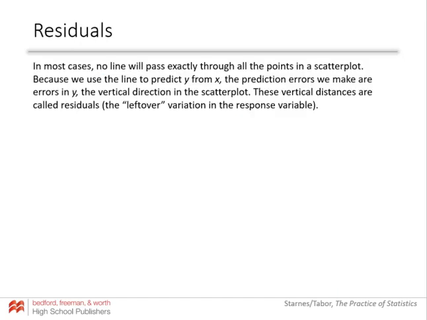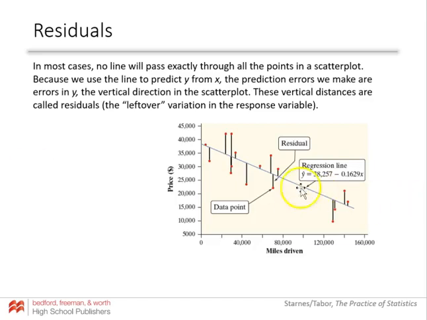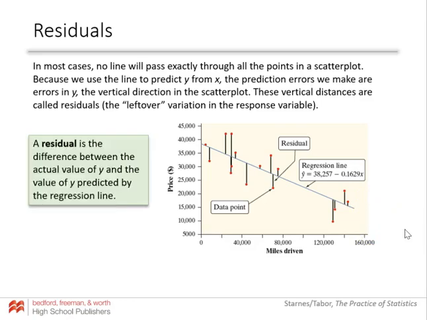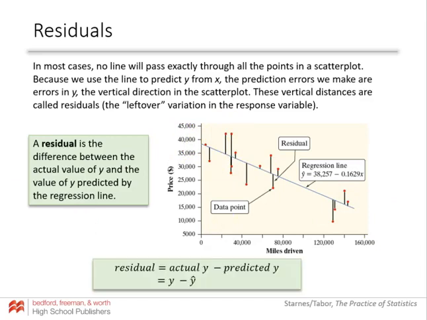Something else that we like to look at is called a residual. Remember, we are drawing these lines, and of course they don't go exactly through every, or maybe even any, of the data points. A residual is the difference between the actual value and the predicted value. It's just that vertical difference between my regression line and the actual points in the data.